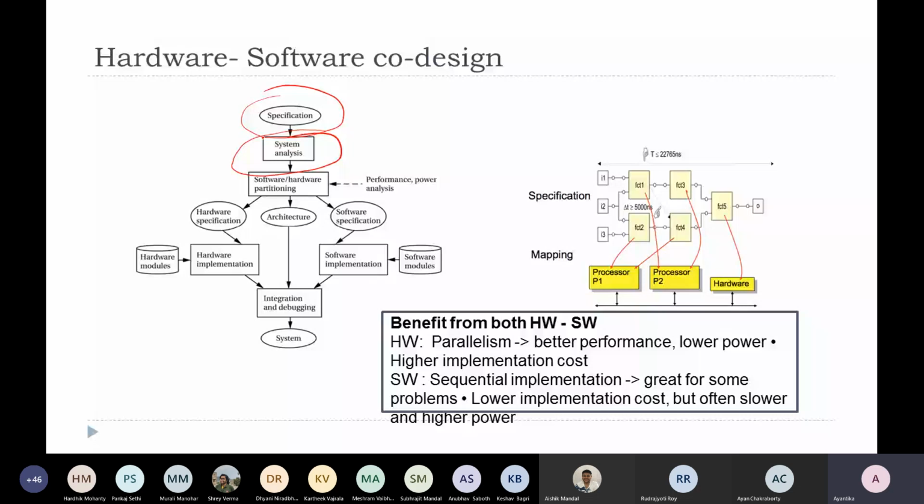And then, based on the timing requirement, if we see that when I choose processor P1 and processor P2, the combined effect will not satisfy the timing requirement, then we divide the design into software and hardware parts. So I get that idea from my modeling stage, whether I should go for a simplified fully software design, or break my design into hardware and software parts to match my timing requirement.